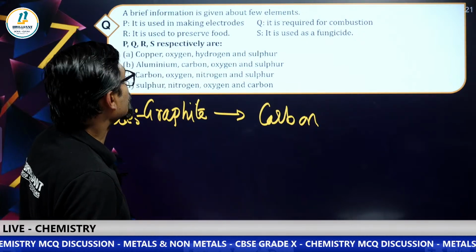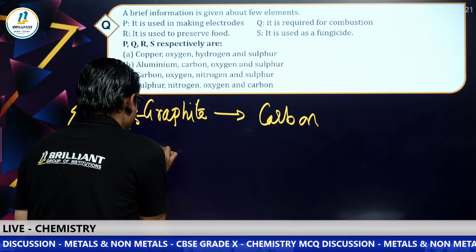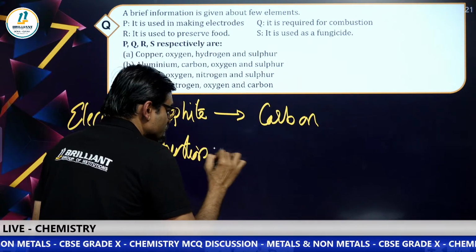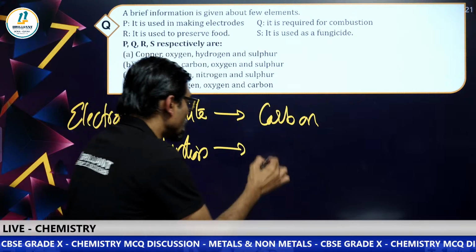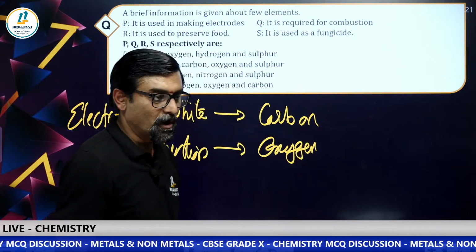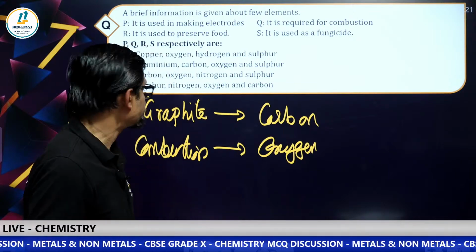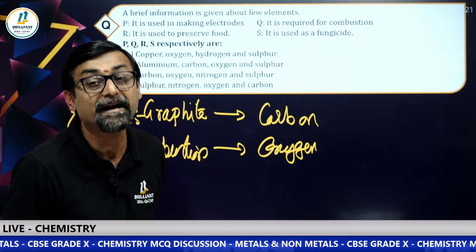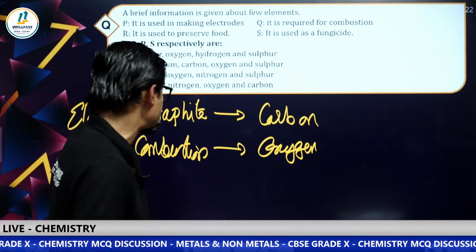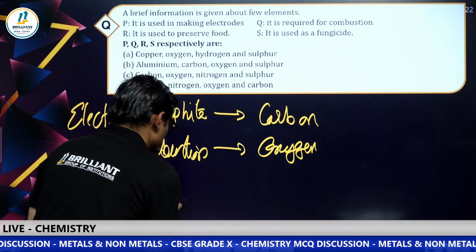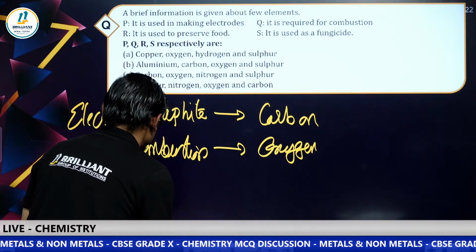Next one, required for combustion. What is combustion? Which can burn a substance. It requires oxygen. And then the next one, which is used to preserve food materials from rancidity, which avoids rancidity, storing and preserving food materials.